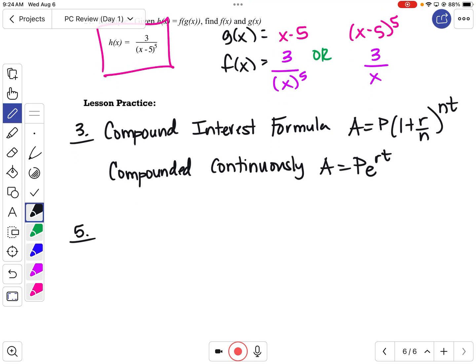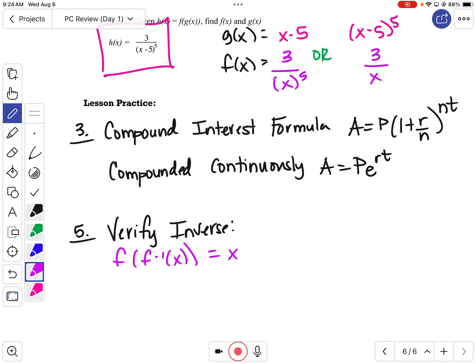And then number 5 asks you to verify an inverse. To verify an inverse, it takes 2 compositions. So f of f inverse, and it should leave you with just an x when you finish. And then if you switch the order, f inverse of f.